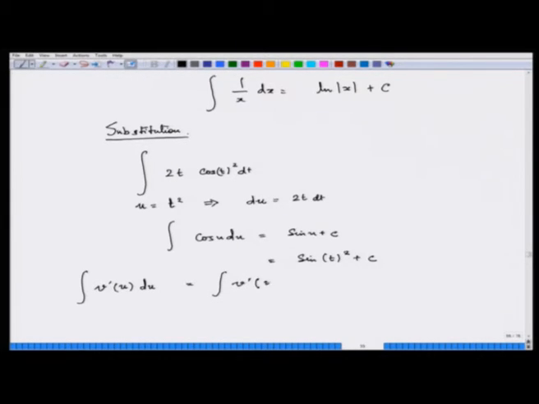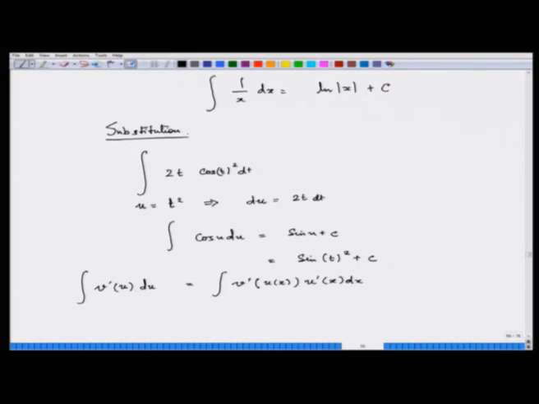You are replacing u with some function of x, u of x, and then du dx is equal to u dash x. So du is equal to u dash x dx.